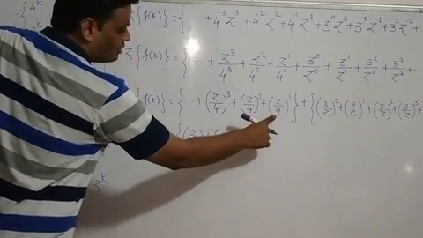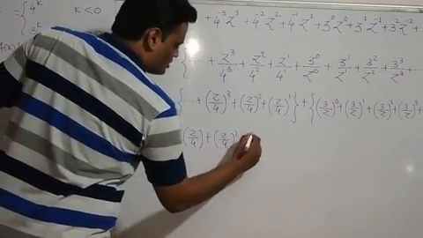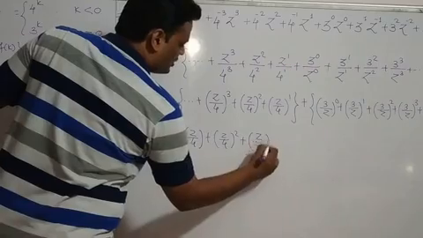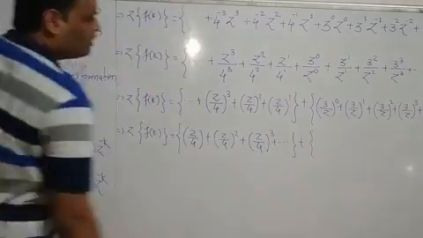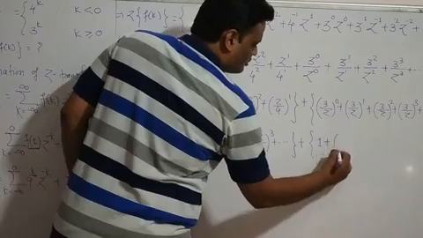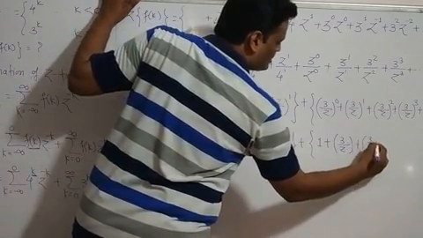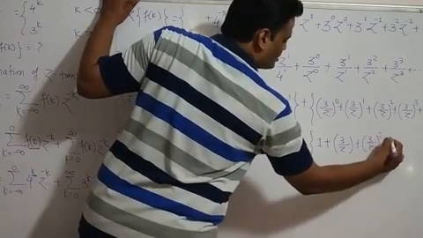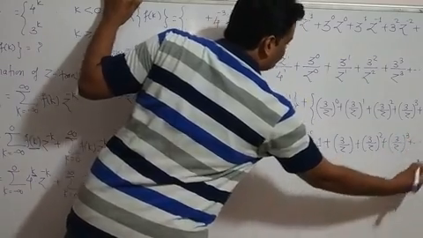I just wrote the first term over here, second term over here, third term is z by 4 raised to 3 and so on, plus, now what is 3 by z raised to 0? Anything raised to 0 is 1, plus 3 by z plus 3 by z square plus 3 by z cube plus so on.